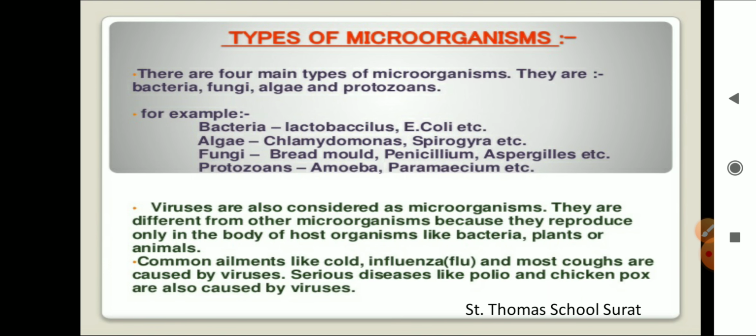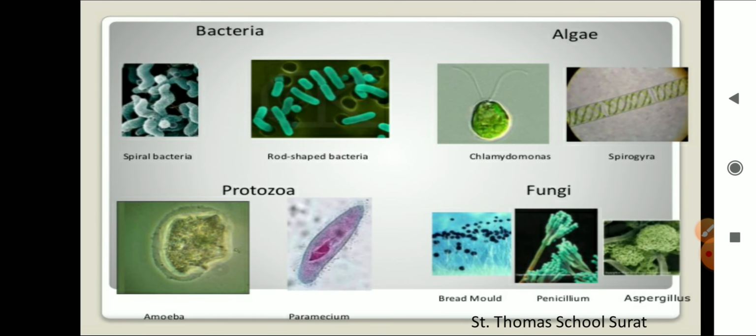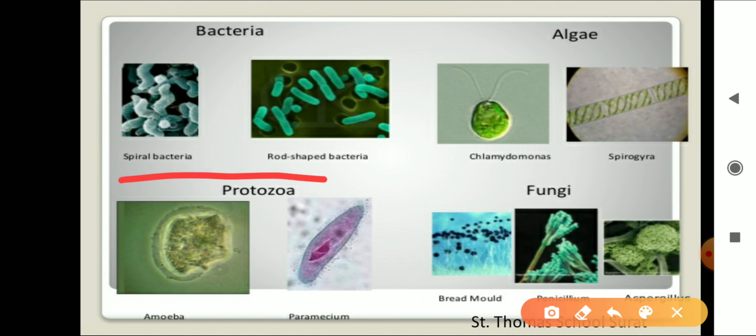Okay, now we have learnt already in the previous class the various types of microorganisms, in the 6th standard and in 7th standard as well. You can see the picture of bacteria having two types, that is spiral bacteria and rod shaped bacteria.